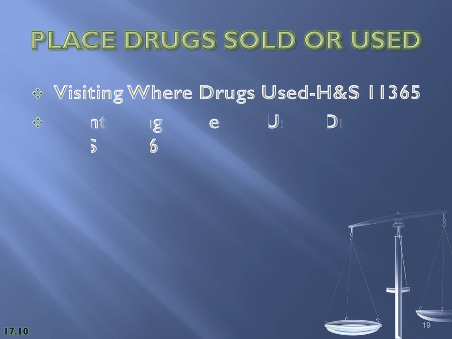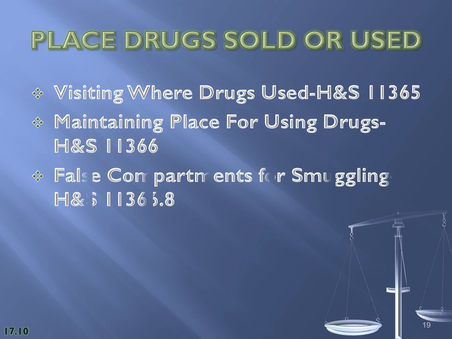And then that kind of leads us to places where drugs are sold or used. Are there sections for those? Well, yeah, you bet there are. 11365, visiting where drugs are used, maintaining a place for drug use, like what they call a shooting gallery, or even false compartments for smuggling. So having these compartments where people smuggle things.